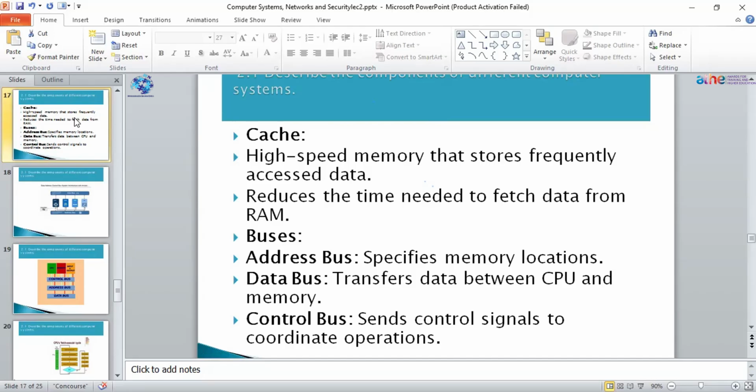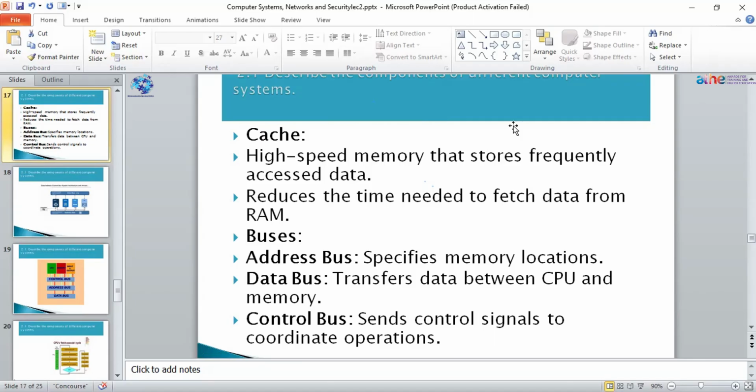So what is the basic purpose of buses here? Buses are used for communication, so that different components, like the secondary device and the primary device, can communicate with each other.